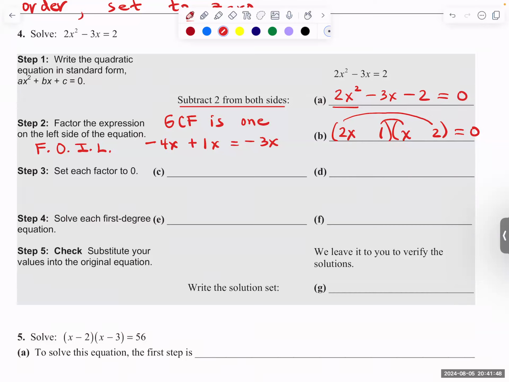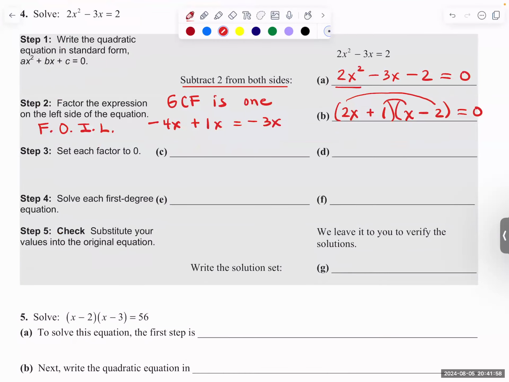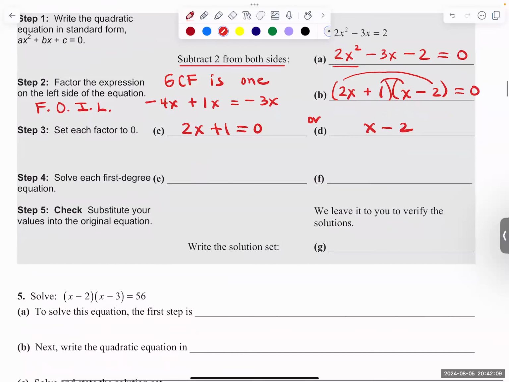And to get negative 4x, we need a minus with the 2 and plus with the 1. And then plus 1 times minus 2 is negative 2, so everything checks out. So factor and check, and then set each binomial factor equal to 0, and solve in step 4 the two equations. So 2x equals negative 1, and when you divide by 2, we have x equals negative 1/2, or x equals positive 2.